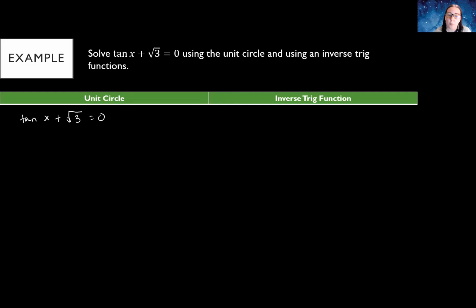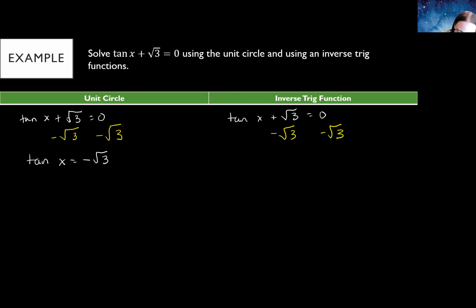And this is the same step whether you're solving by the unit circle or by the inverse trig function. So I'm going to do both of these at the same time because it's the same step. So you're going to subtract the square root of 3 from both sides, because we want to get that trig function by itself. And so we get the tangent of x equals negative square root of 3.